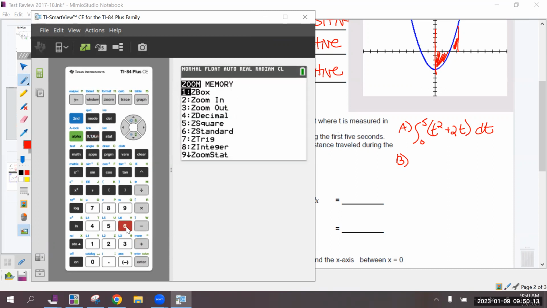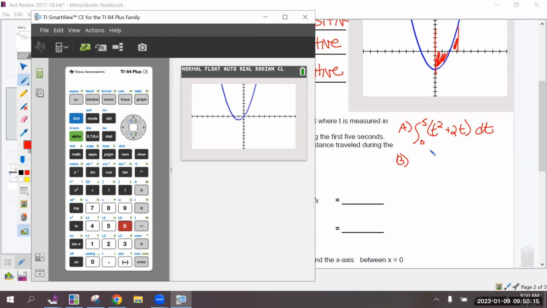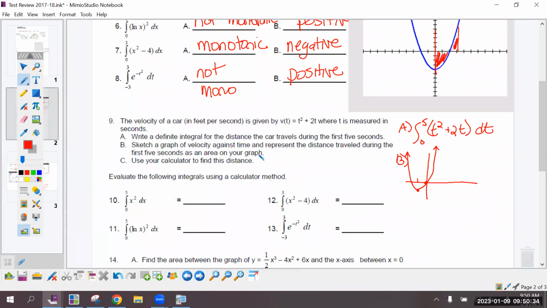So let me zoom back out, zoom 6. We're here, so it's going to go this way. I'm just going to graph the whole parabola. And so to represent distance, I need to color the area under the curve from 0 to 5.